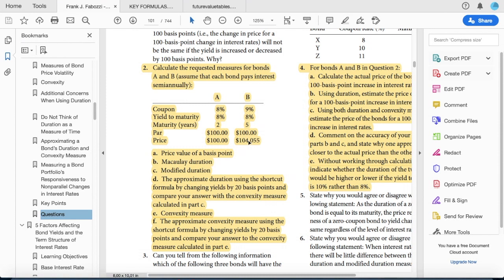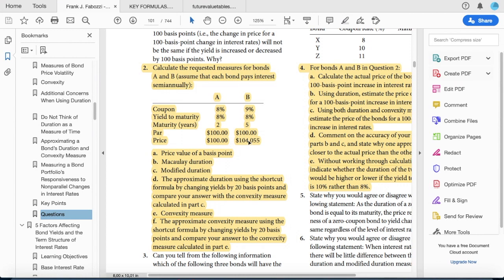Remember, 1 basis point is equal to 0.01%. This means that instead of using 8% as yield to maturity, we will now use 8.01% as yield to maturity. Then verify the new prices of A and B, and compare these new prices to the current prices. The change of the bond's price represents what we call the price value of a basis point.